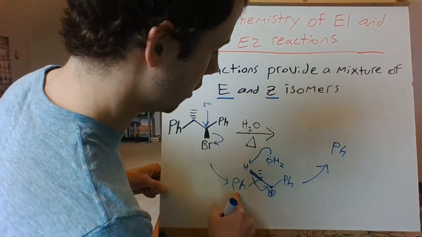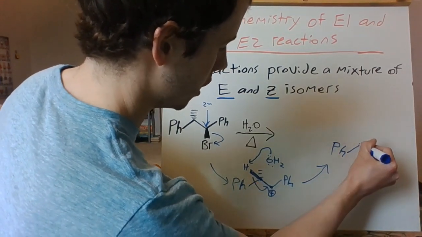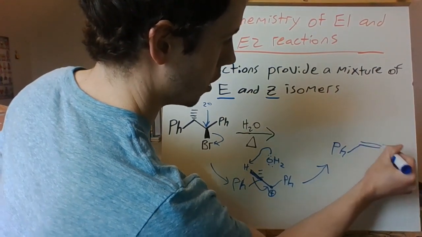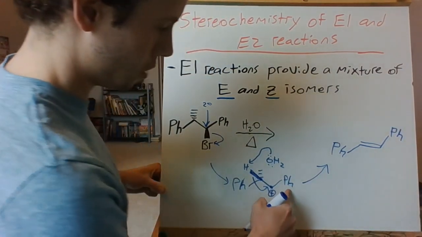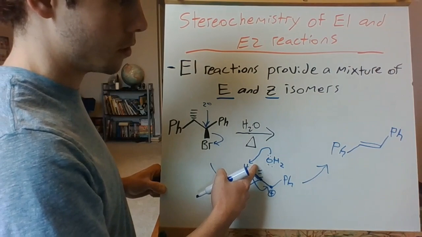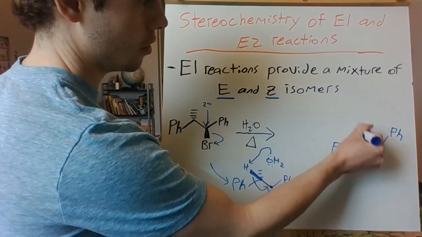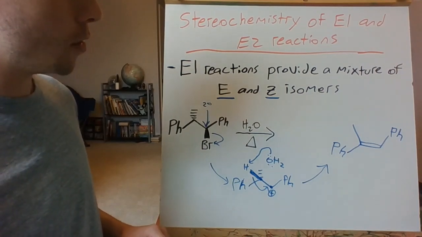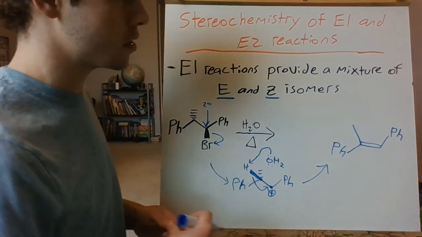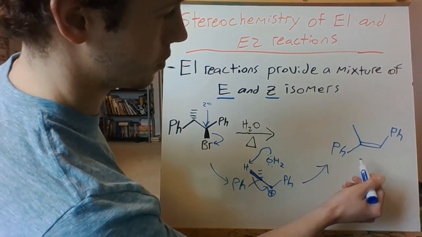The outcome of this is the generation of an alkene. So we have our phenyl group down here connected to this carbon, and then we just generated an alkene, and then we have our phenyl group pointing up over here. And then we also had this methyl group that was connected over here. So our final product would look something like this. And what type of alkene is this? Let's look on both sides.